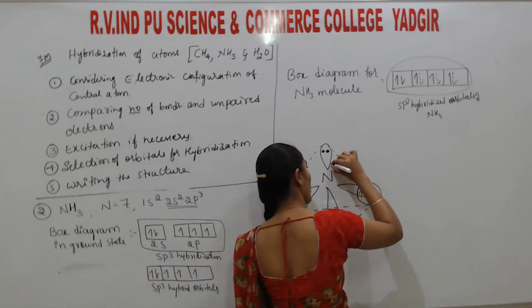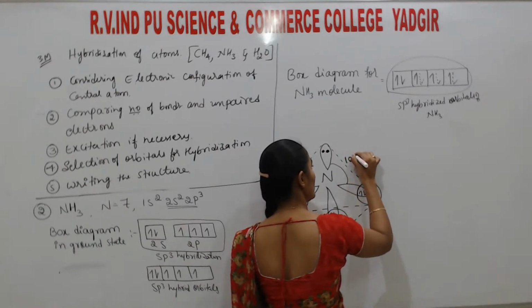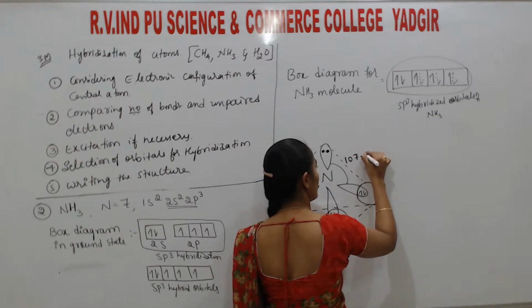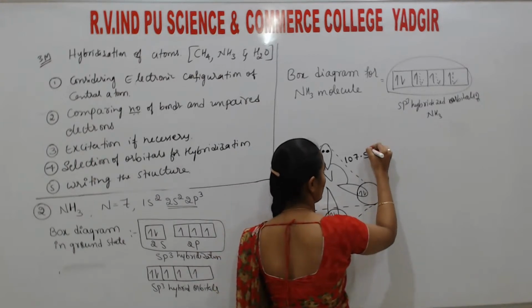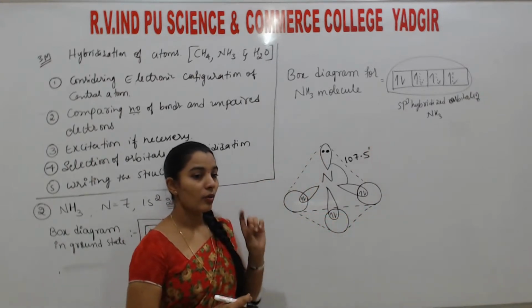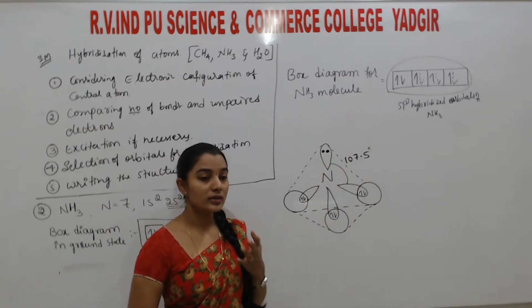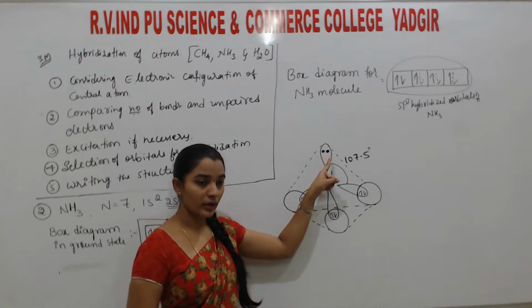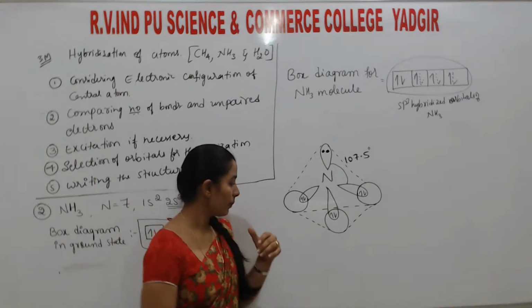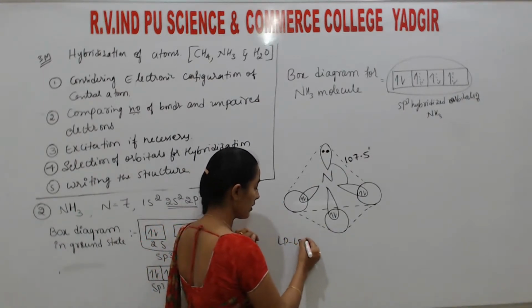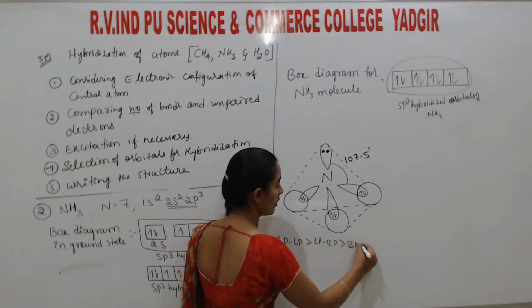So students, here the bond angle is, instead of 109.5 degree, 107.5 degree. Are you getting? Instead of 109.5 degree, it is 107.5 degree. What is the reason? Because one lone pair is there. In the VSEPR theory, I explained lone pair-lone pair repulsion is greater than lone pair-bond pair, which is greater than bond pair-bond pair repulsion.